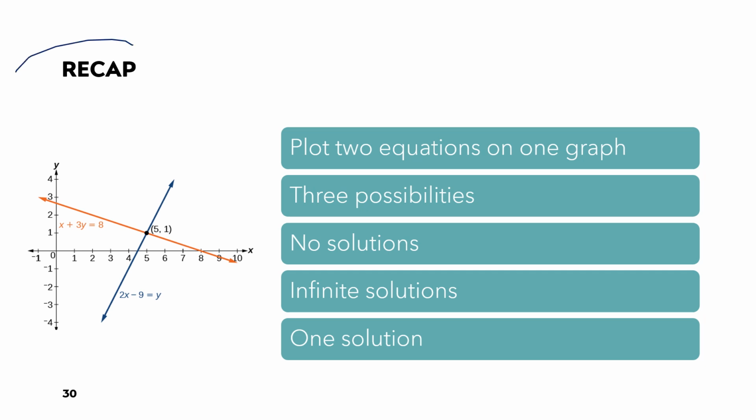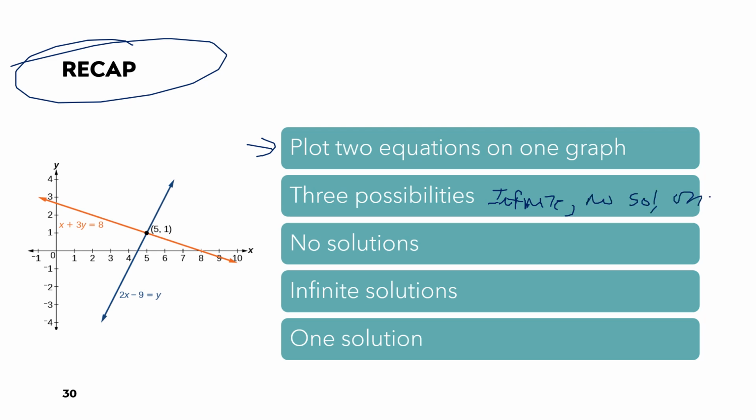Just to recap, before we turn you loose on your online practice, all we're doing is we're just plotting two equations on a graph. We have three possibilities. There's infinite solutions, no solution, or one solution.